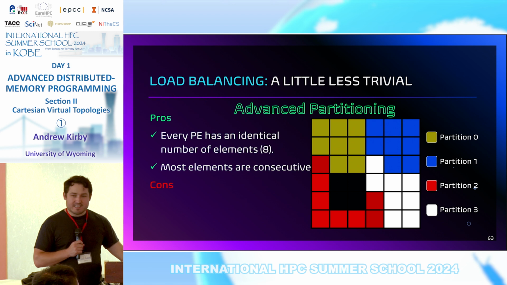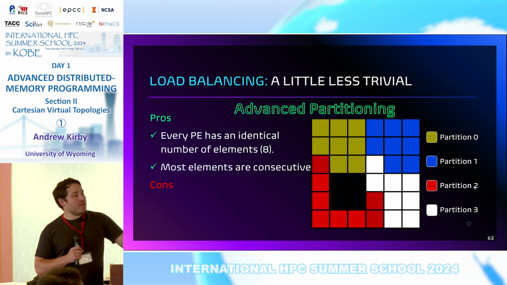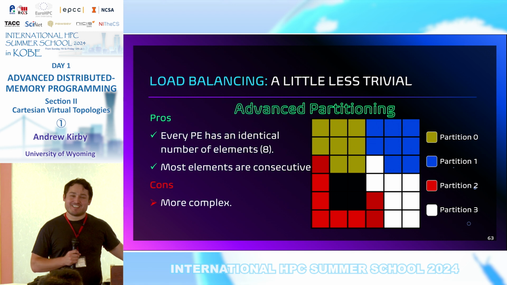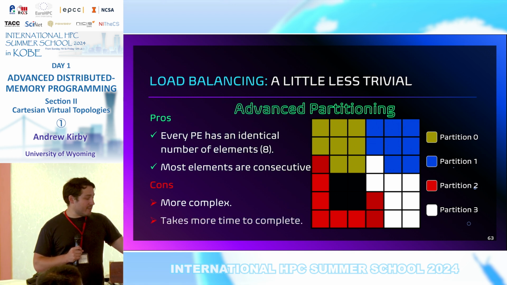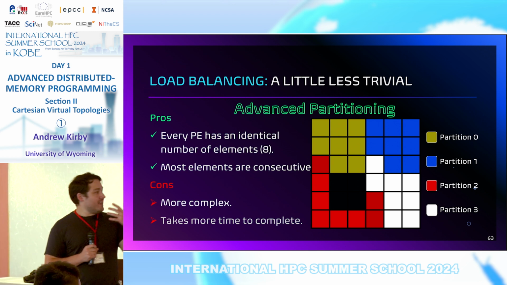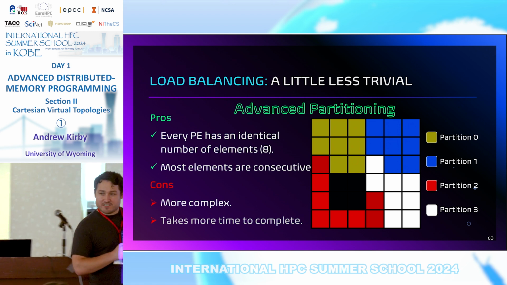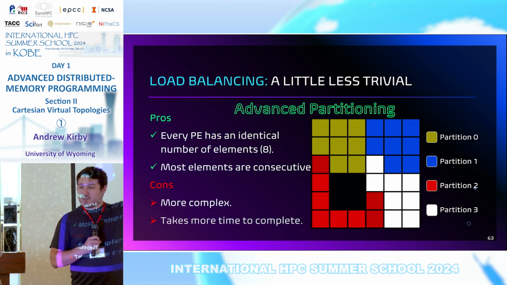Well, what's a con to this one, maybe? Well, yeah. It's just more complex, right? In order to do this partitioning, it takes more time to figure out how we do that. Unfortunately, this is just a Cartesian, but in order to really do this, we would have to use a graph partitioner, right?